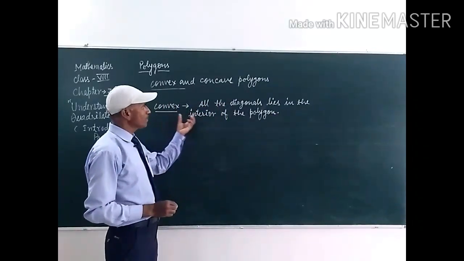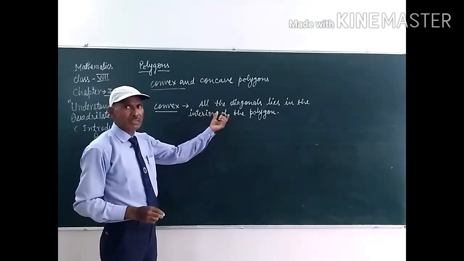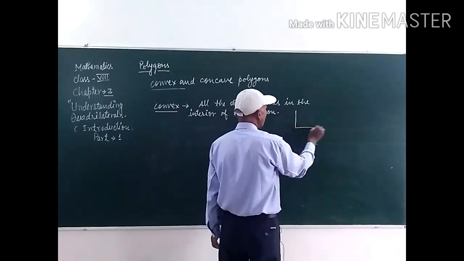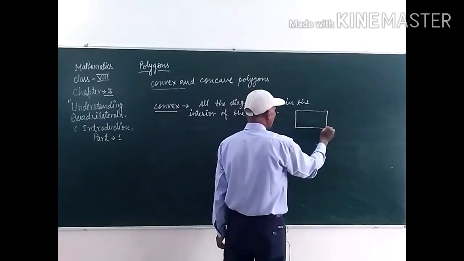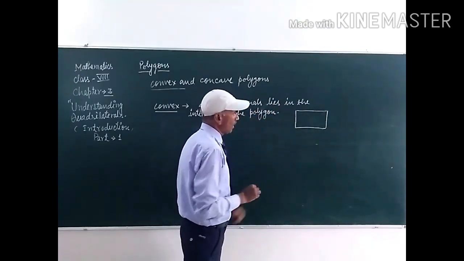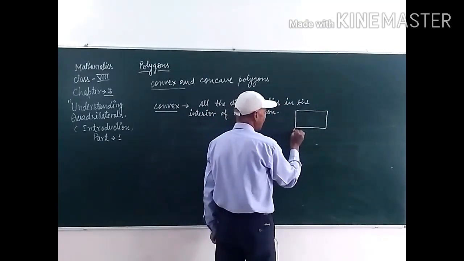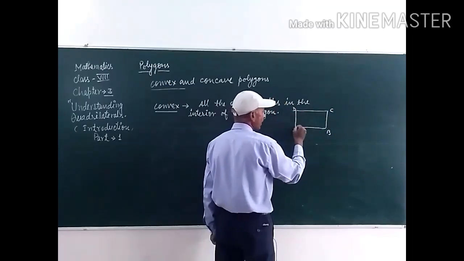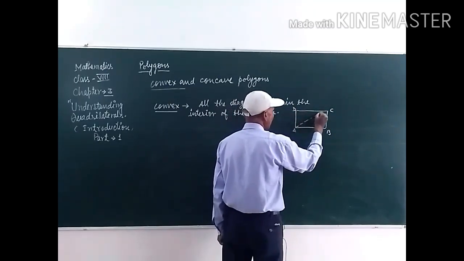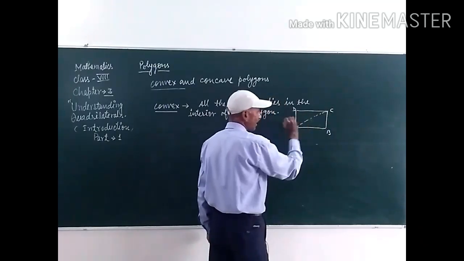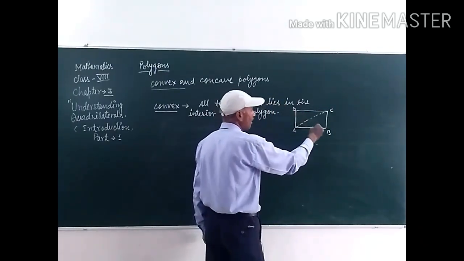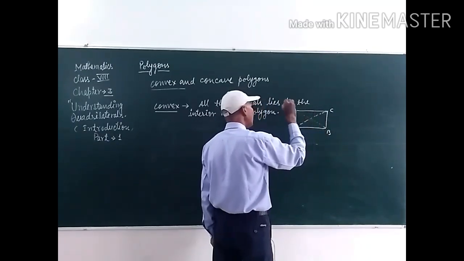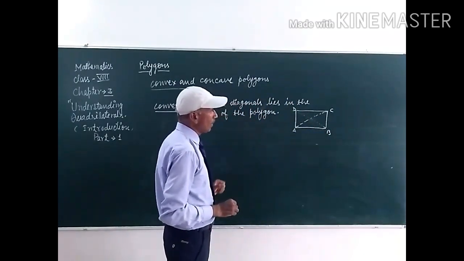In convex polygon, all the diagonals lie in the interior of polygon. It means, student, this one is a convex polygon because A, B, C, D are the vertices and the diagonals A and C lie in the interior of the polygon, and this diagonal is also in the interior of the polygon.